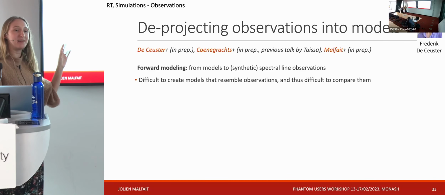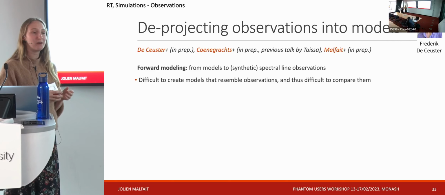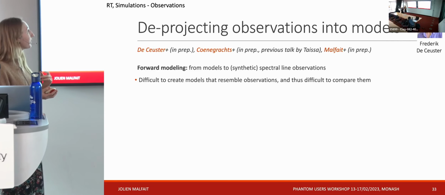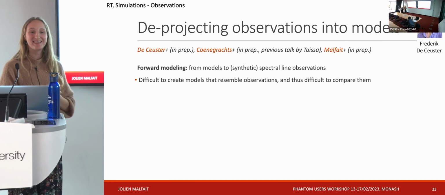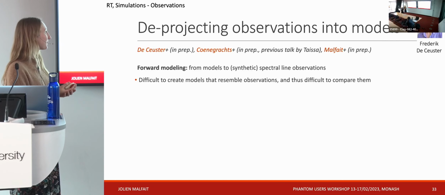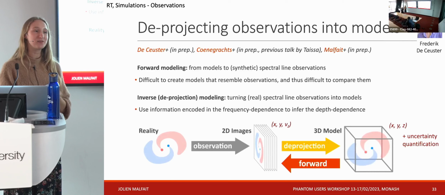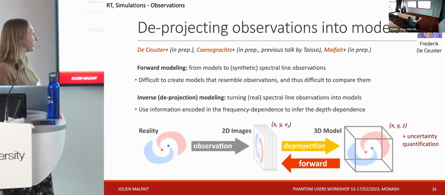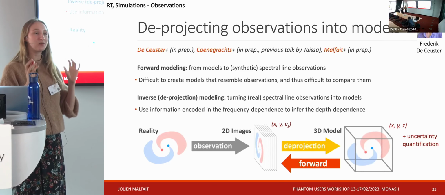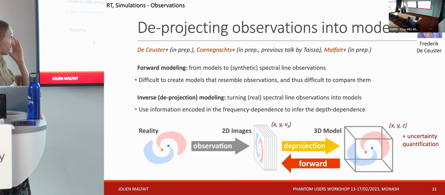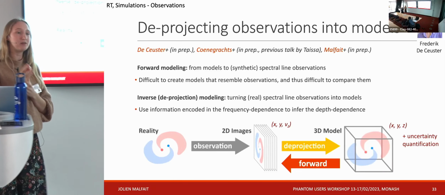So forward modeling is what we were doing, what I have just shown. So we want to make spectral line observations of our hydro models. But as I said, this is a difficult approach. So what they try to do is use the inverse method, where we want to make a deprojection of our observations. So make sort of models of our observations. So I showed you that what we get from our observations are 2D images.